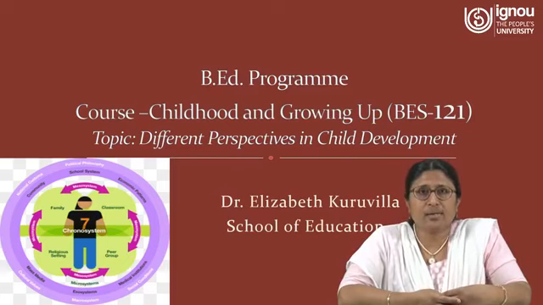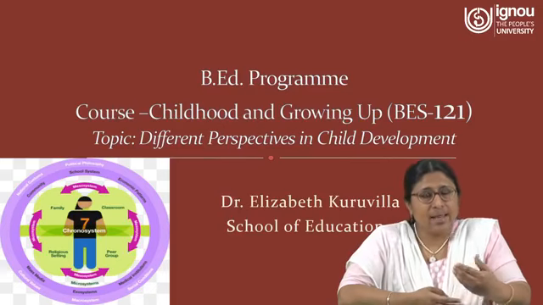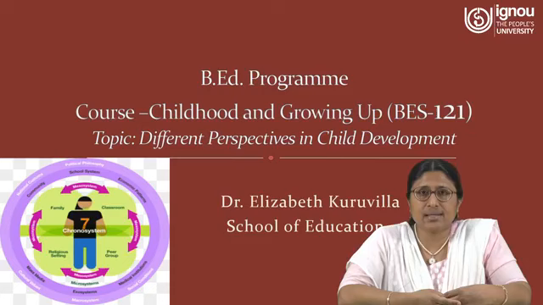The first one is parents, then caregivers and child. In the mesosystem, there are the neighborhood, school, peers, and religious institution. In the case of the exosystem, there come parents' workplace, mass media, government and social policy.